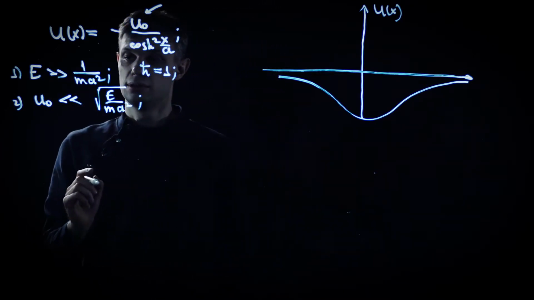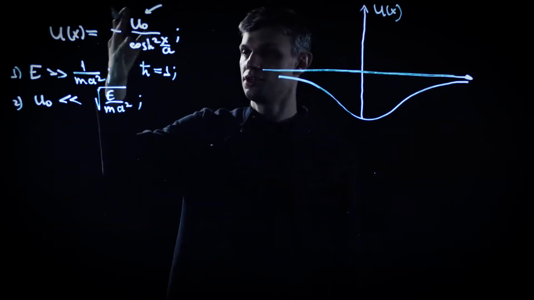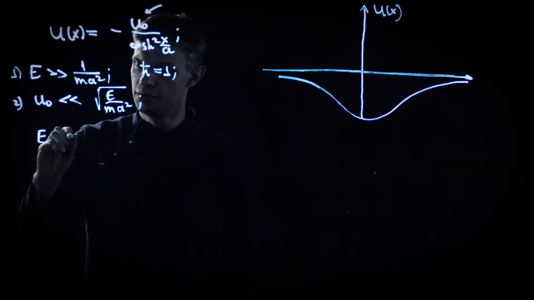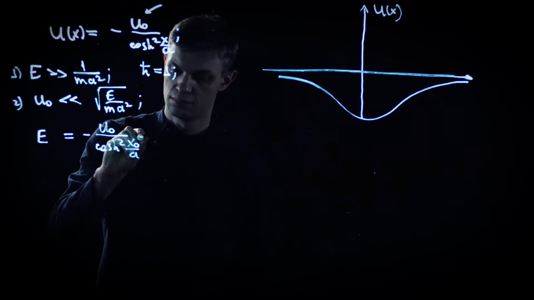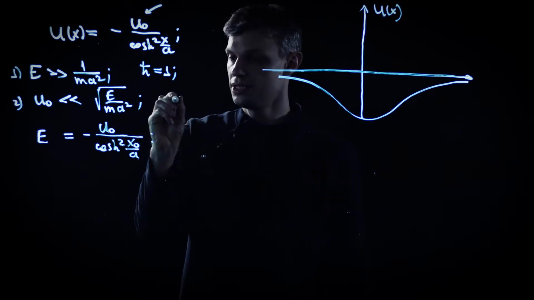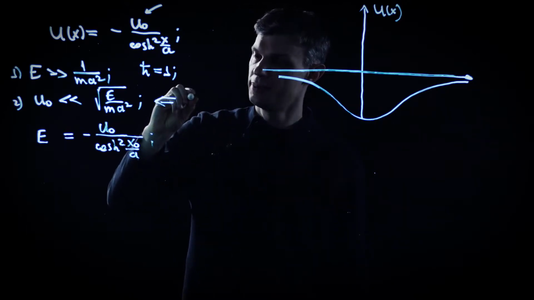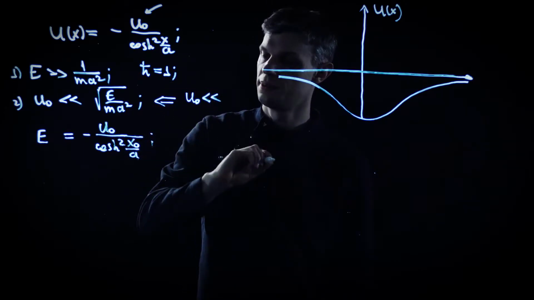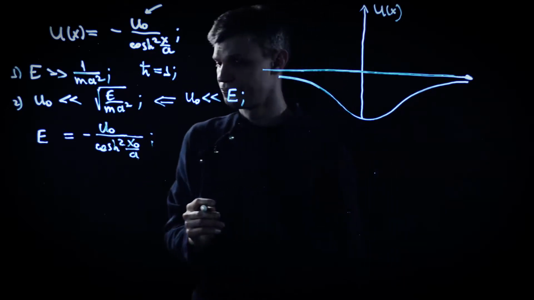OK, so now let's see what's going on near the turning point. So here is the equation for the turning point, where x0 is the turning point. From the second condition, it follows that the depth of the potential well is actually much smaller than the energy of the incident particle.